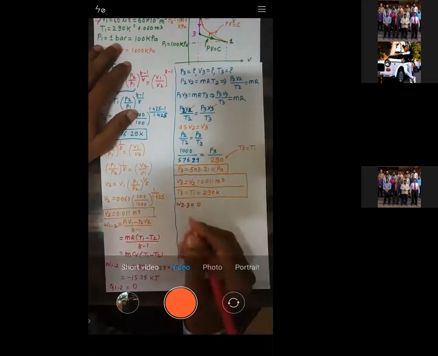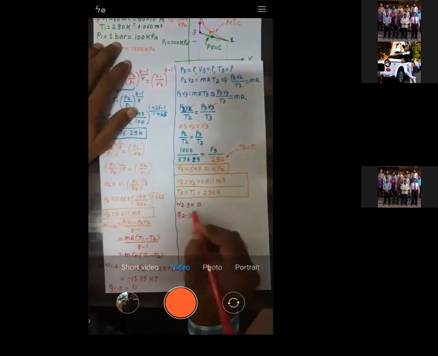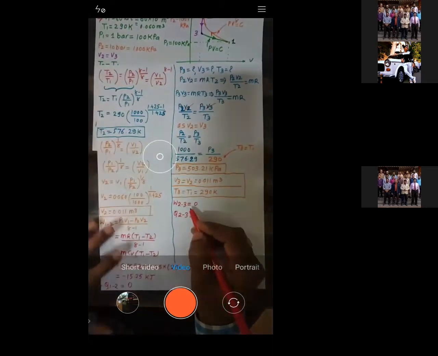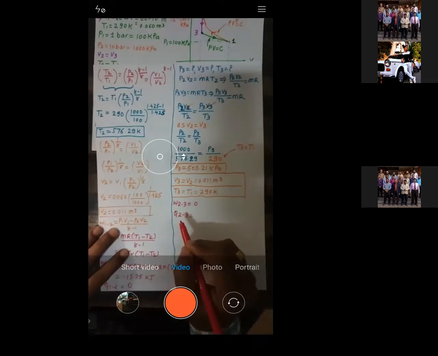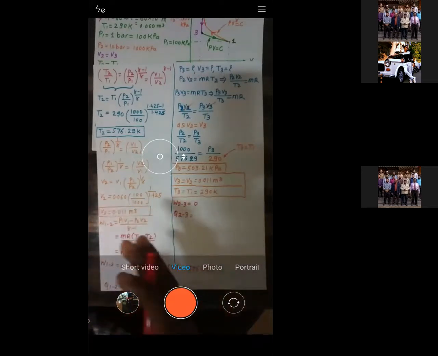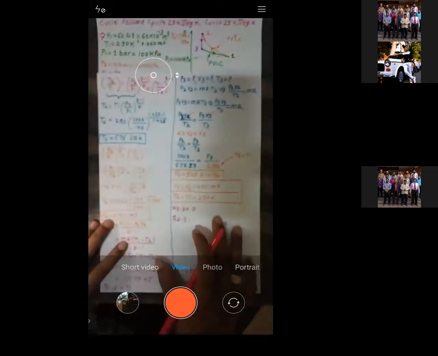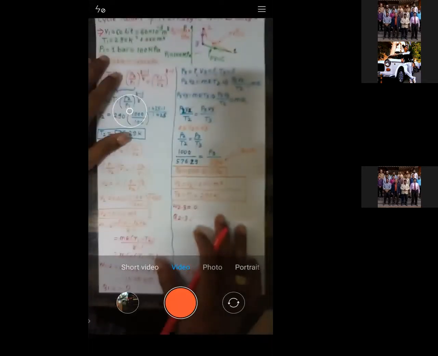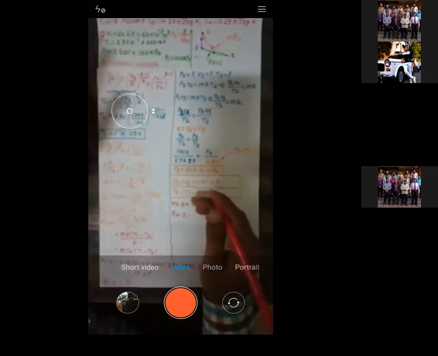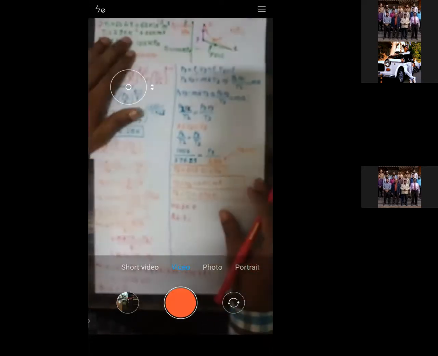Now let us calculate heat transfer during 2 to 3. We have already taken the derivation for this, why it is 0. I also summarized it in the form of one table, which you can go through. Now let us calculate what the heat transfer during 2 to 3 is.